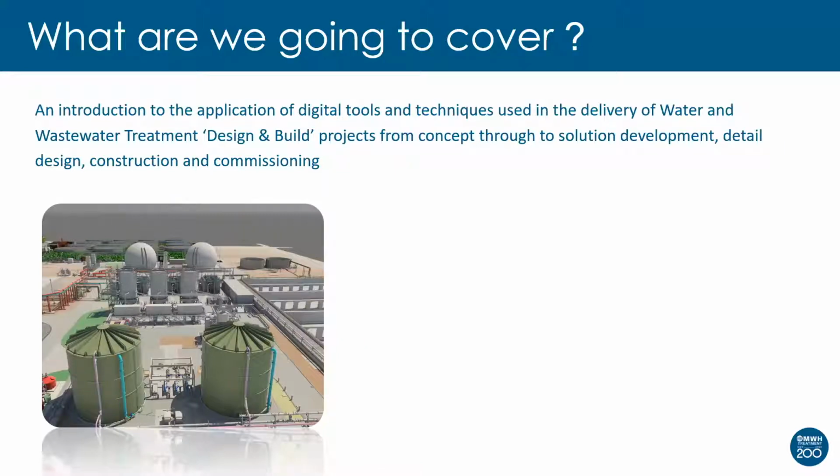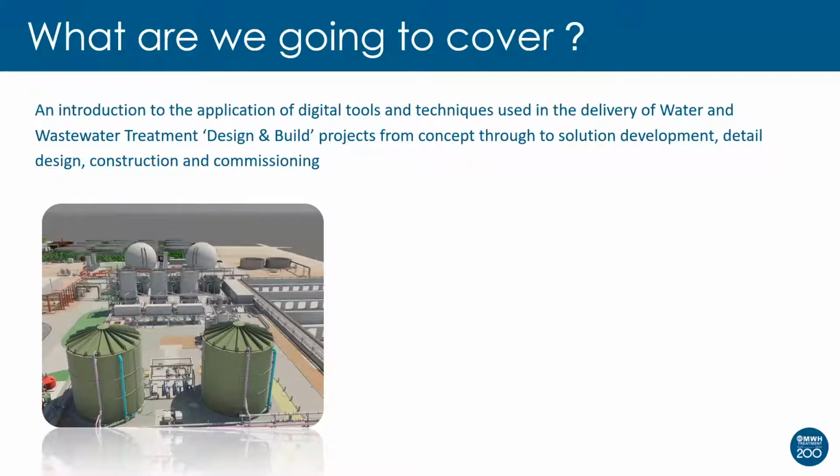In the AMP period that we've just come out of, AMP 6, which was 2015 to 20, we saw a significant progression in the development of tools and techniques, and more importantly, a more strategic and structured approach on how we applied those tools.